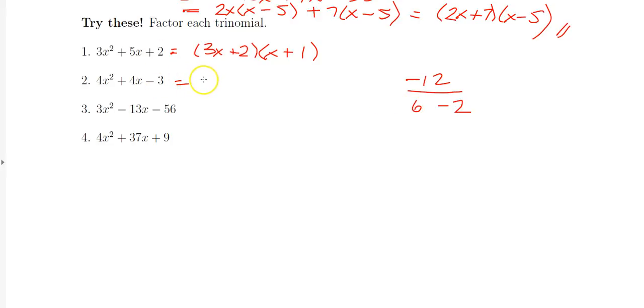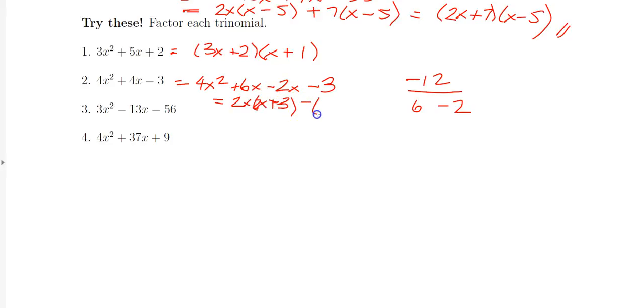So we can write this as 4x squared plus 6x minus 2x minus 3. Here I see that 2x will be a common factor, and that'll be multiplied by 2x plus 3.